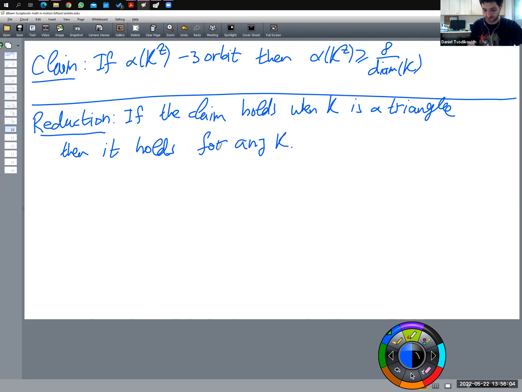Well, let's explain that and then we'll say the second reduction. So again, the proof is mostly by pictures.